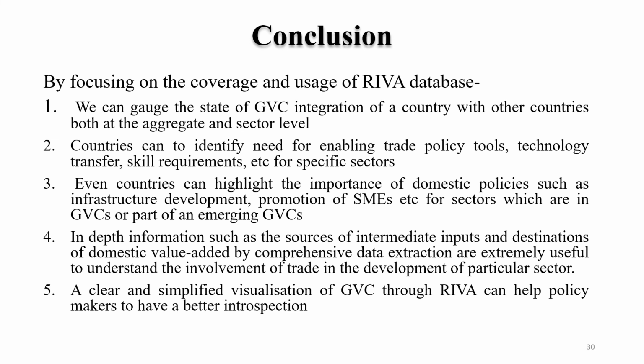When a country observes that its participation in global value chains, both backward and forward, is increasing, it may need to accentuate it through certain policy stances, and the data helps to identify which are the sectors in which GVCs are growing.